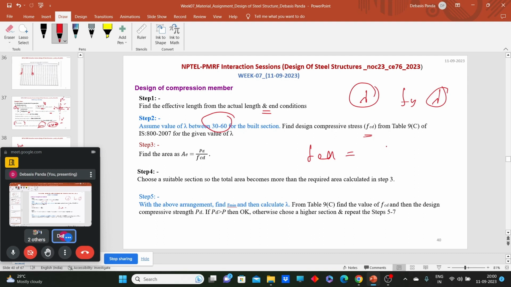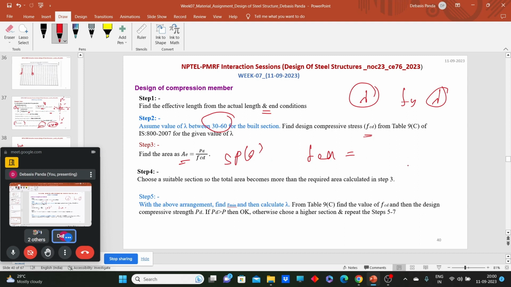You can consider both ways. Now when you have the FCD value, you can calculate the required area. When you have the required area, then go to SP6 and look for a section whose cross-sectional area is more than that required area.